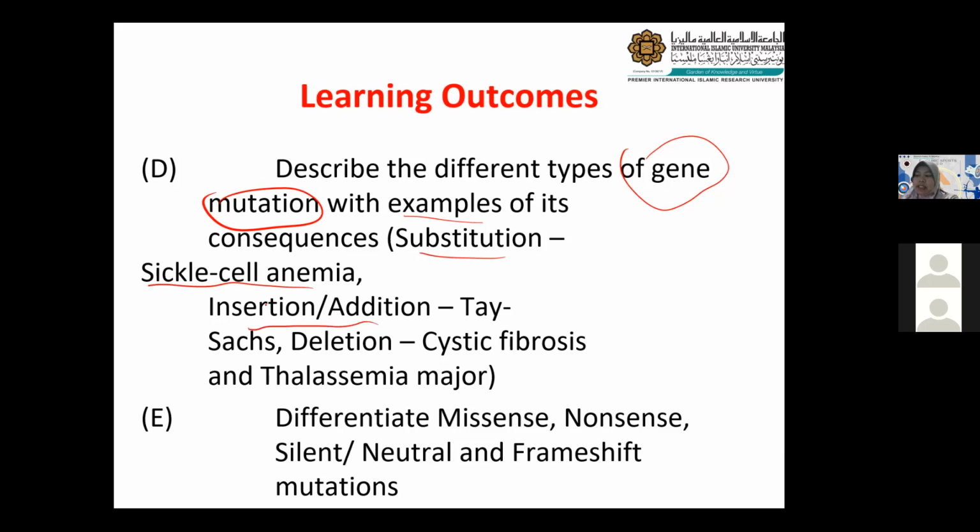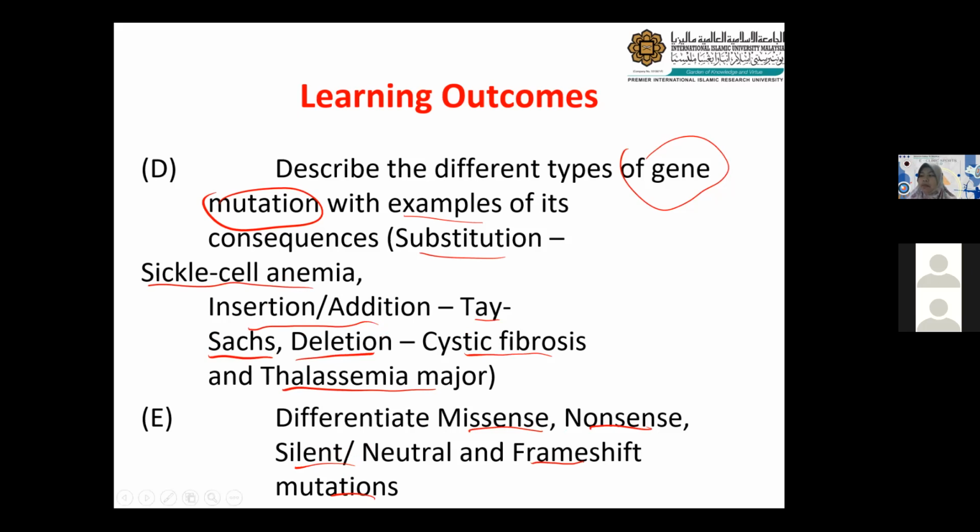Insertion or addition, example is Tay-Sachs disease. Deletion, example cystic fibrosis and also thalassemia major. And we are going to differentiate what is missense, nonsense, silent mutation, and frameshift mutation. So semua ada yang dalam LO ni semua penting.